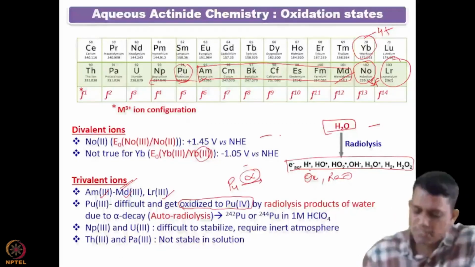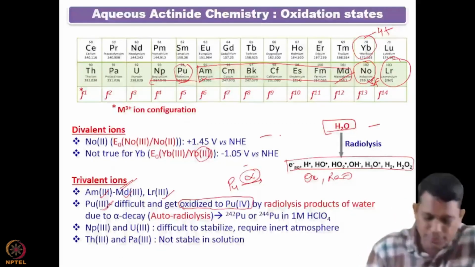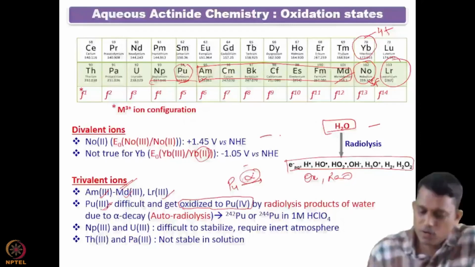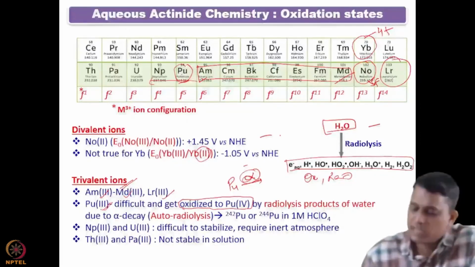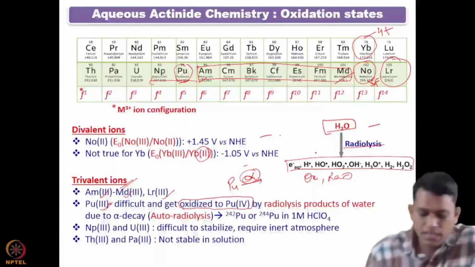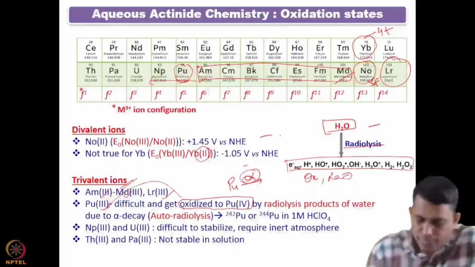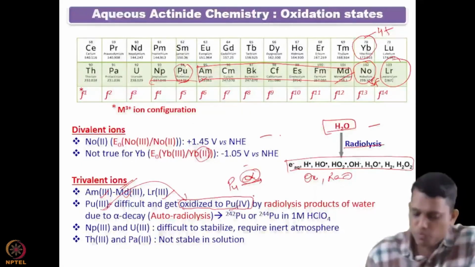So it so happens that when you have a solution of plutonium 3 which is giving you continuously some alpha particle that lead to radiolysis of the water and producing this kind of very reactive species, the plutonium 3 get oxidized to plutonium 4 because of the radiolysis.